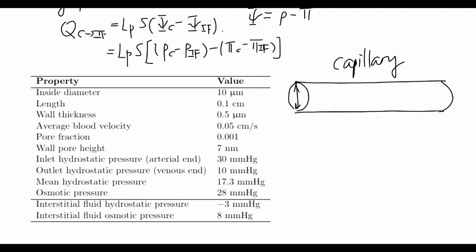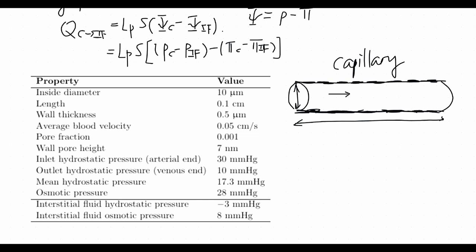The length is the length of a typical capillary. Wall thickness is the thickness of the capillary wall, or the thickness that is contributed by the endothelial cells and the basement membrane. So I'm just drawing this. This is the thickness of the wall. And the average blood velocity means the average velocity.